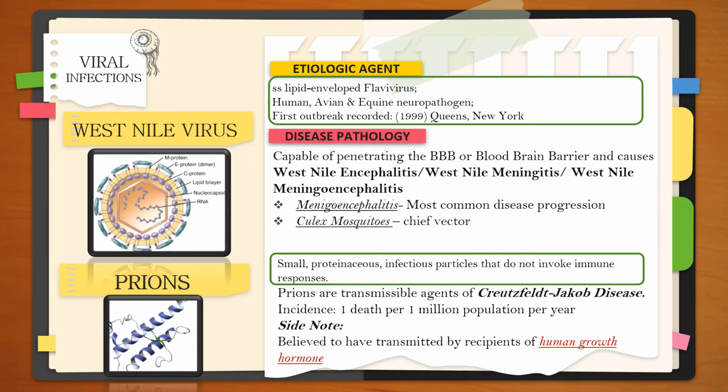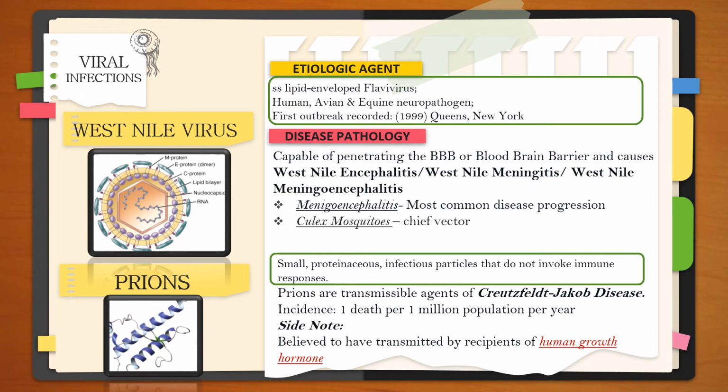One of the most unique capabilities of this virus is that it can permeate the blood-brain barrier, causing meningoencephalitis-associated diseases medically termed West Nile encephalitis, West Nile meningitis, or West Nile meningoencephalitis.